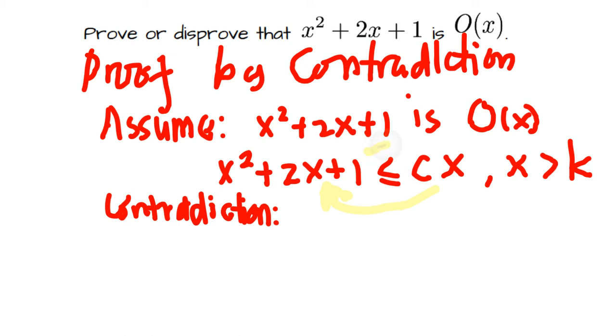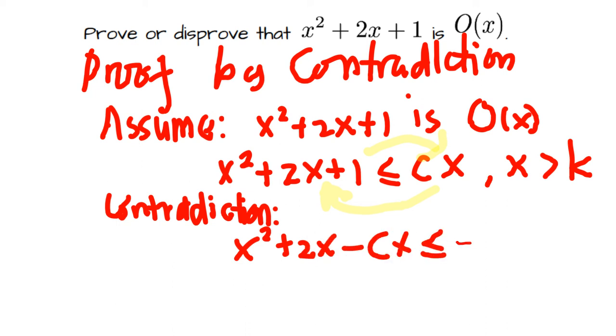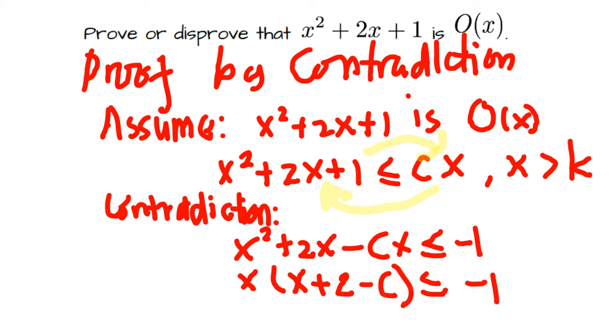Contradiction can be shown by a simple algebraic manipulation. If we transpose cx to the other side, and let's transpose 1 to the other side as well, we will have x squared plus 2x minus cx less than or equal to negative 1.